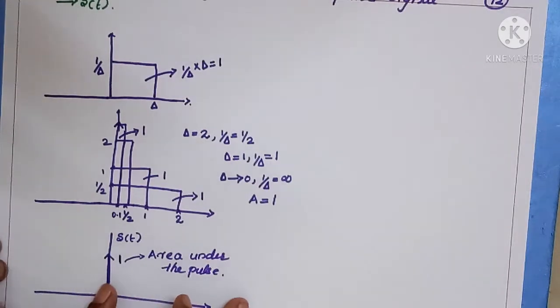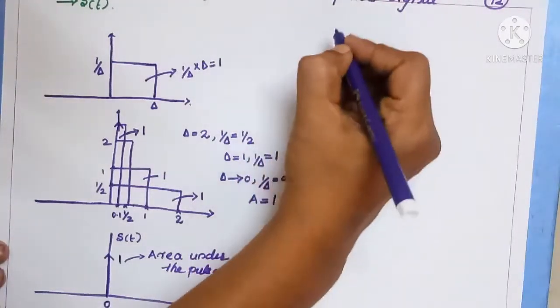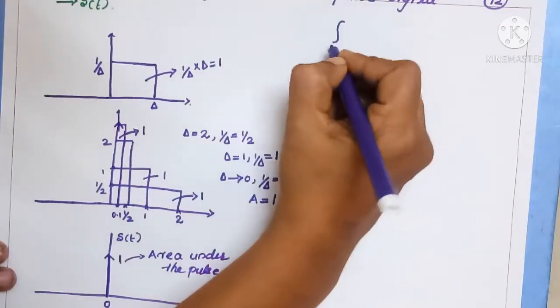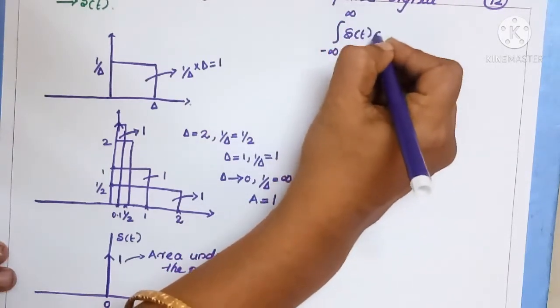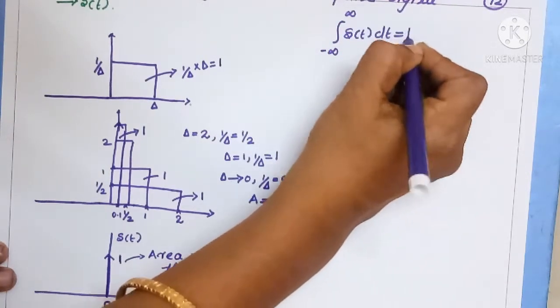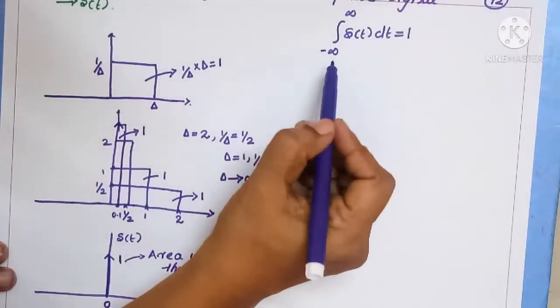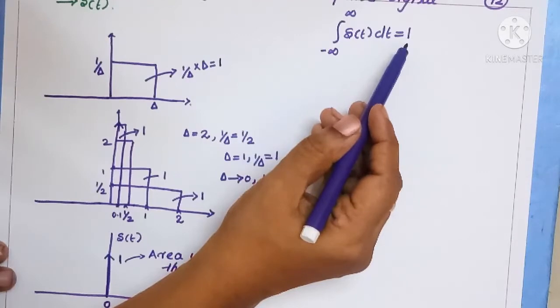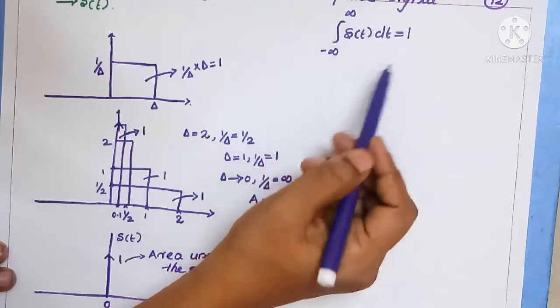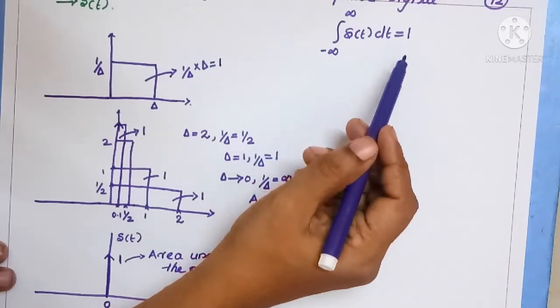By mathematical expression, the area under this signal can be written as the integral from minus infinity to infinity of del of t dt, which equals 1. The area under the unit impulse signal should be equal to 1, and then we call this signal a unit impulse signal.